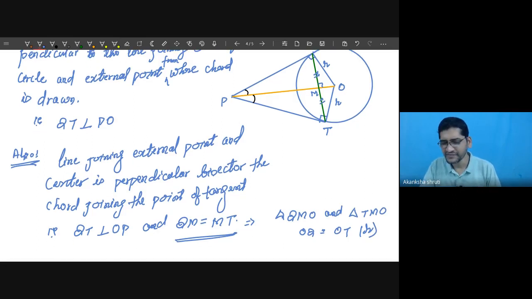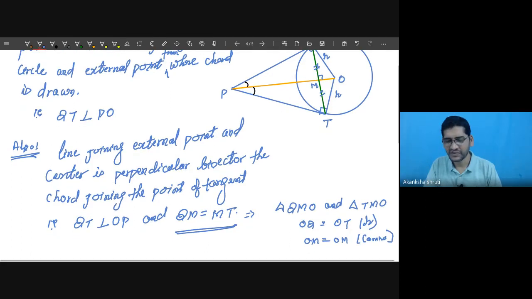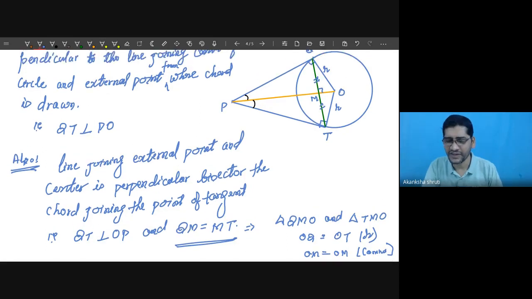Another one, OM is equal to OM, because it is common. And since the chord is perpendicular, the two angles will be 90 degrees. Or the other way of looking is that since it is forming an isosceles triangle, you can also say this angle is equal to this angle. If you want to avoid this, it is 90 degrees.